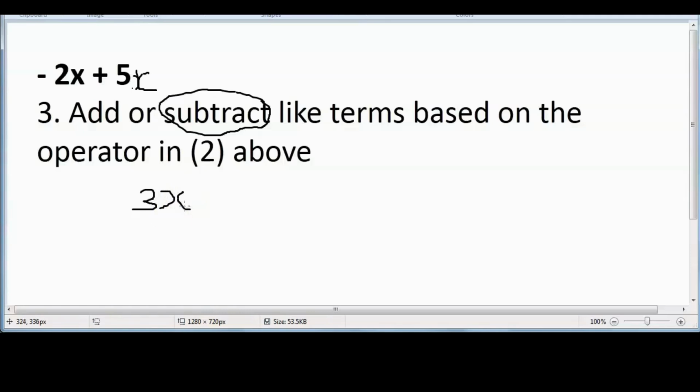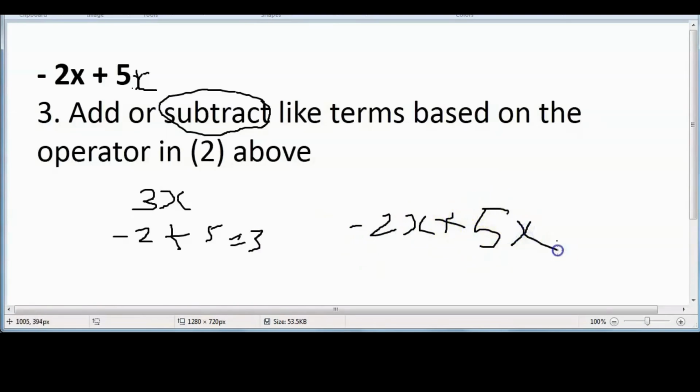Take note, minus 2 plus 5 is equal to 3, but minus 2x plus 5x is equal to 3x.